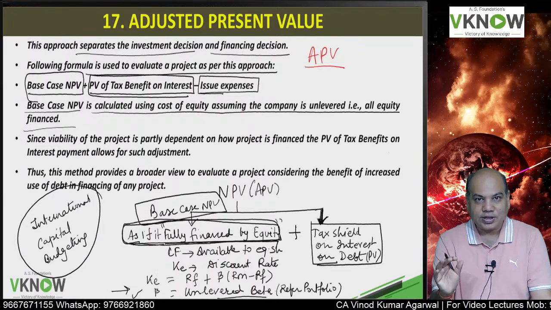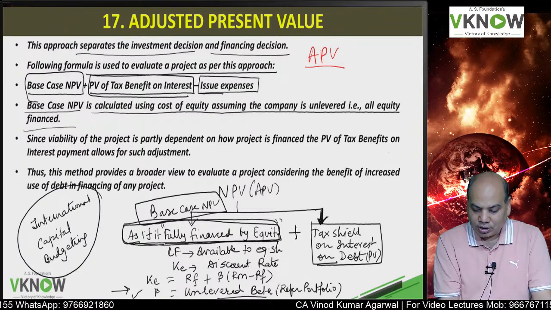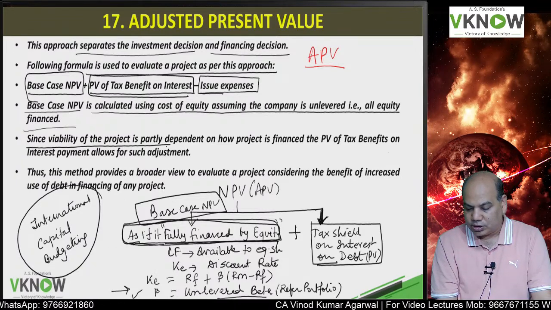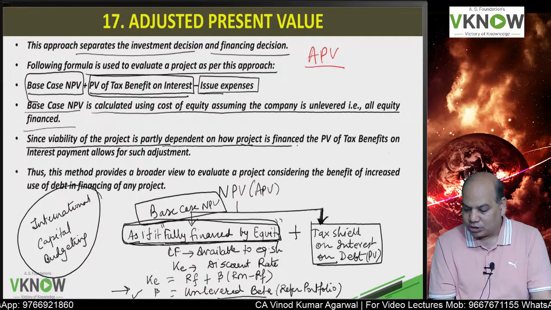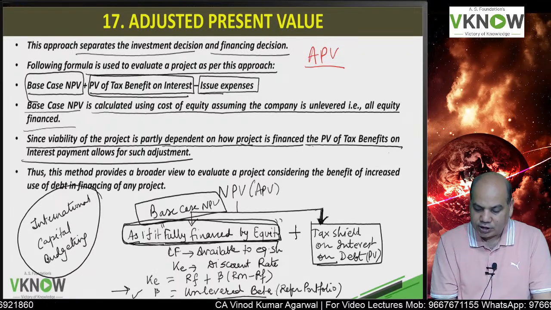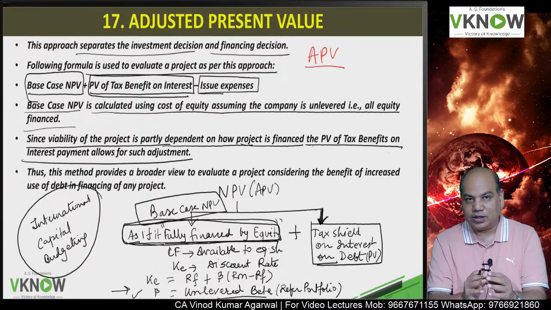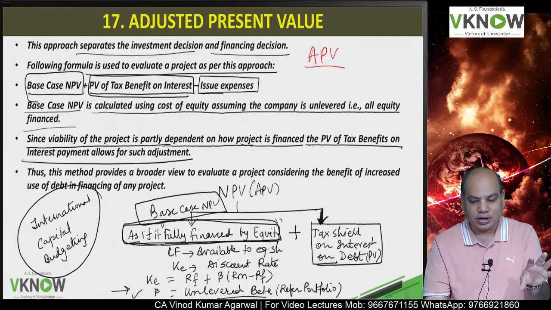Treat it for some seconds as if it is an all equity finance company, and since the viability of the project is partly dependent on how the project is financed, the PV of tax benefit on interest payment is also considered. So investment and financing decisions are considered separately.